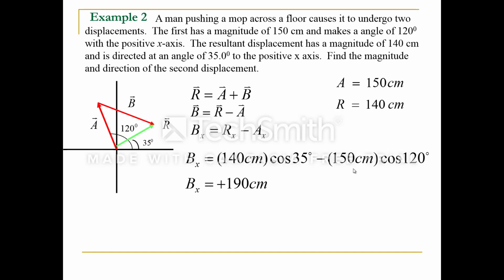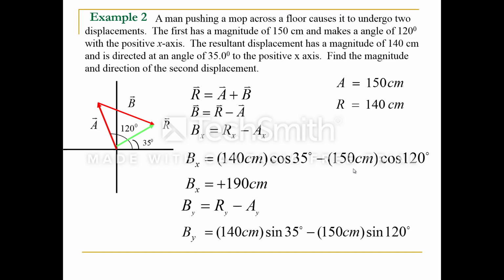Then I have to do the same thing for the y component. Now if you look at vector B, how it's drawn in the picture, you can see that vector B is going east and south. So that means your y component is going to have to be negative. So that's like a hint to you when you look at it.